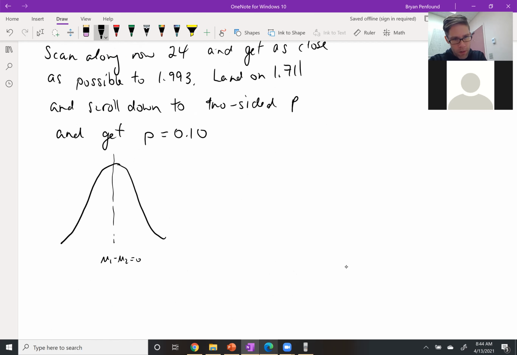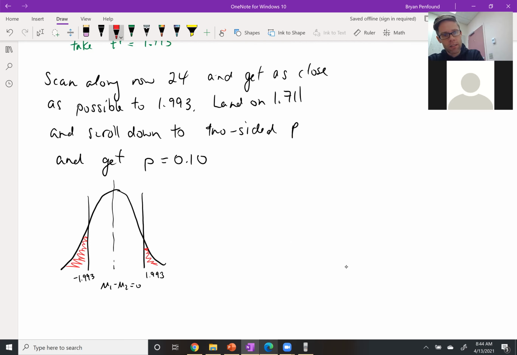So we had cutoff numbers here and here, and we're curious about how much probability lies inside of these tails. We're calculating the probability of getting a measurement of -7 or more extreme, and that's 10%.